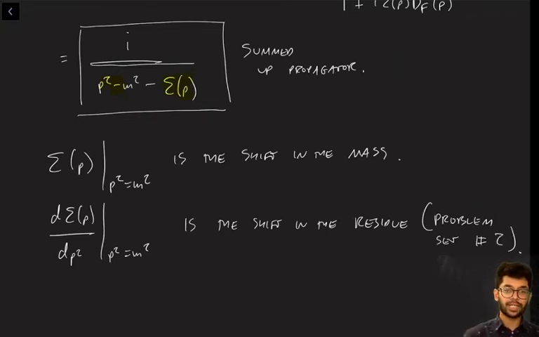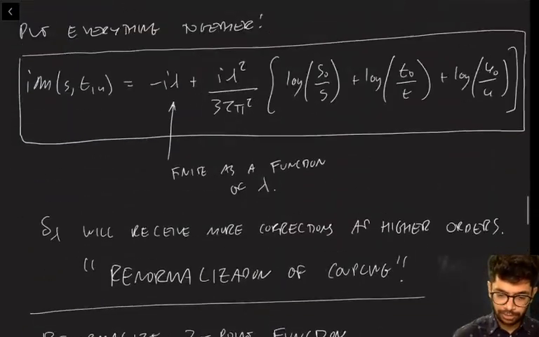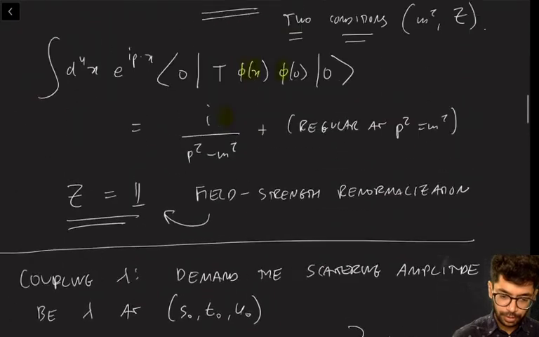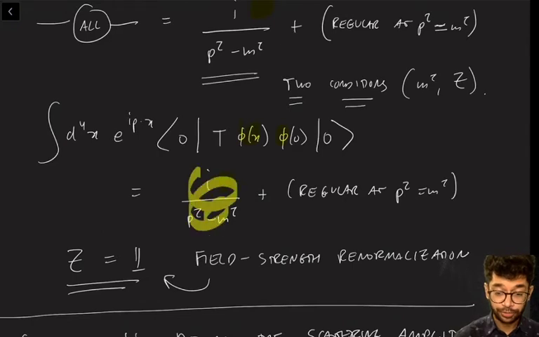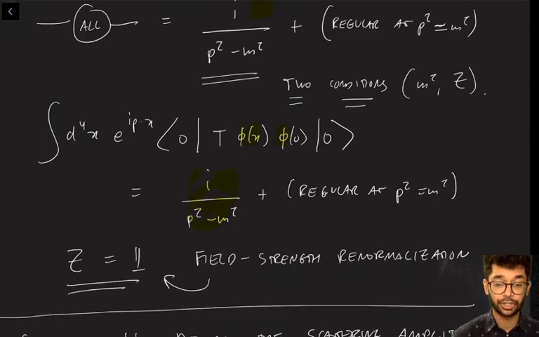And now we're ready to go and impose our renormalization conditions. If we go backwards, let's remind ourselves what those were. The renormalization condition was precisely that there's no shift in the mass, and that the coefficient of the residue, the coefficient of the pole, does not change.